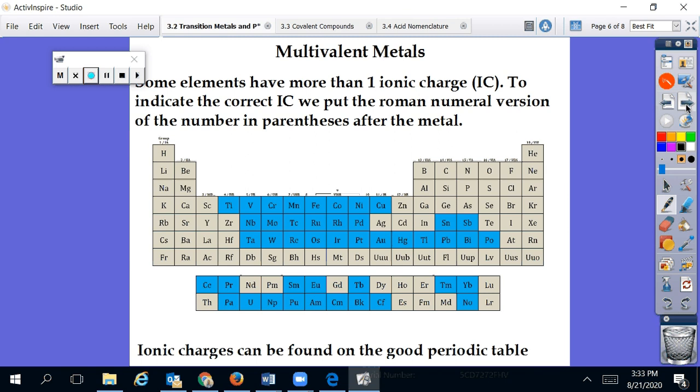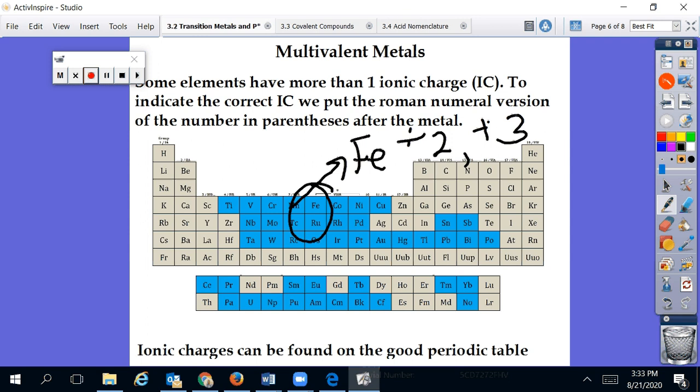So for the oxidation numbers, you can look at your blue periodic table to see what the possible oxidation numbers are. So for example, if you look at iron, it could be an oxidation number of +2 or +3. So that's why we have to write Roman numerals.